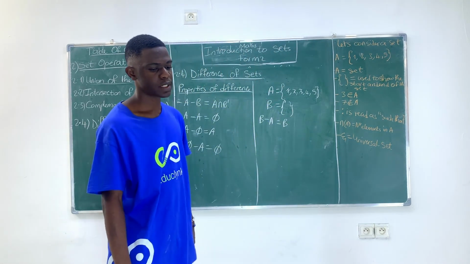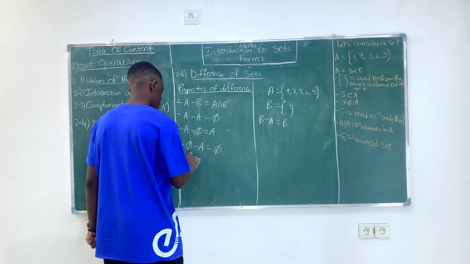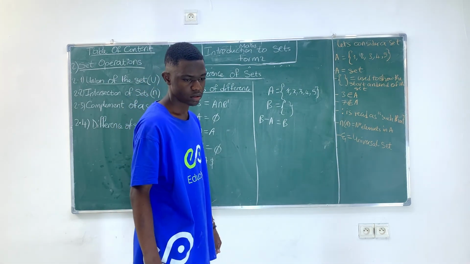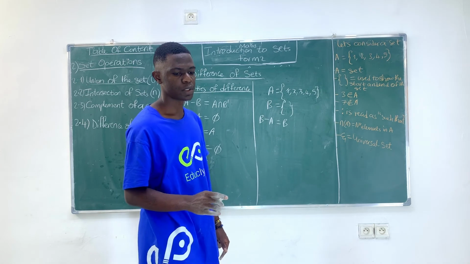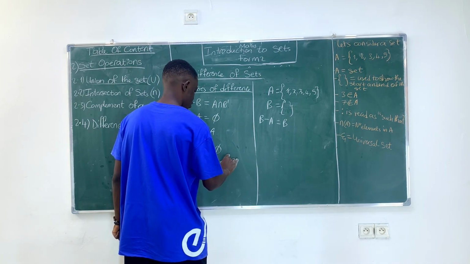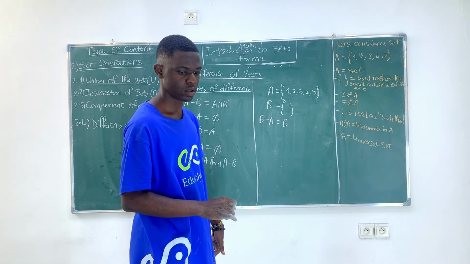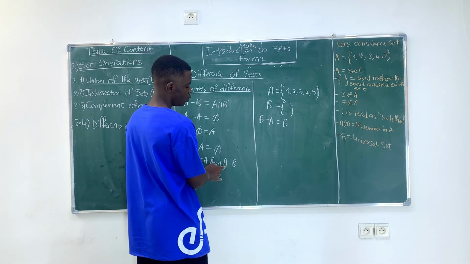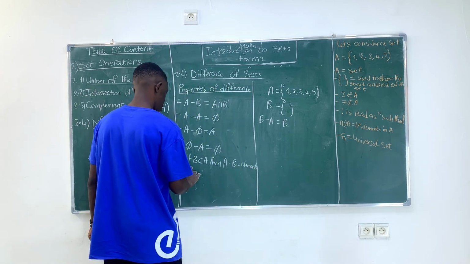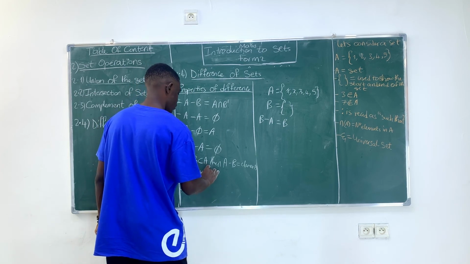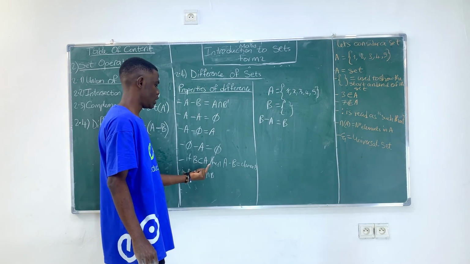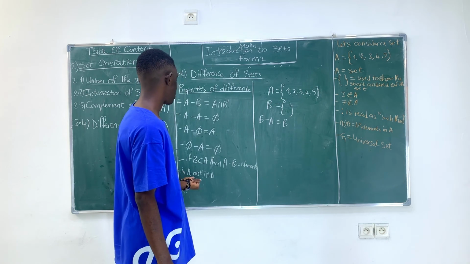So the fifth and last property says if B is a subset of A, then A minus B means elements in A which are not in B. So if B is a subset of A, then A minus B means elements of A which are not in B, just like they are saying.